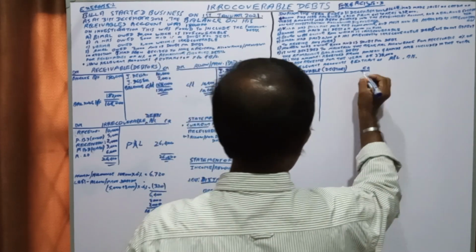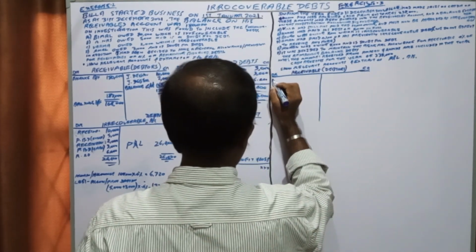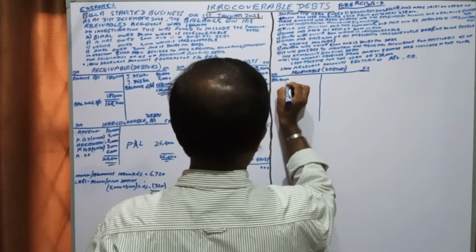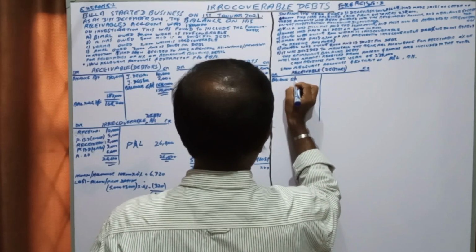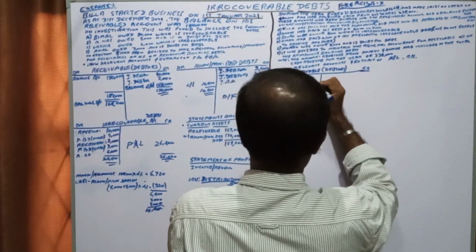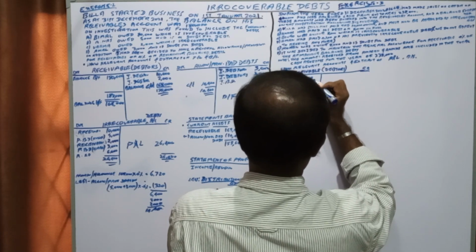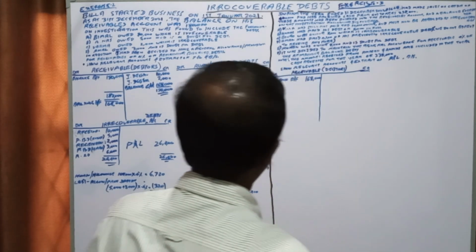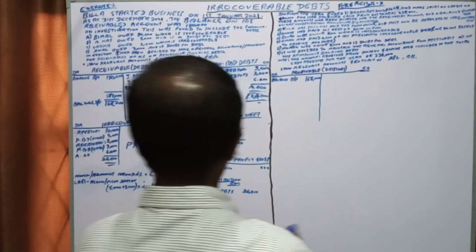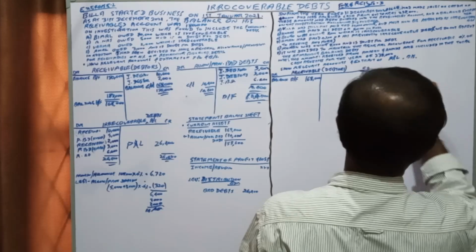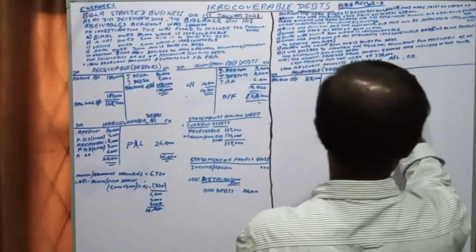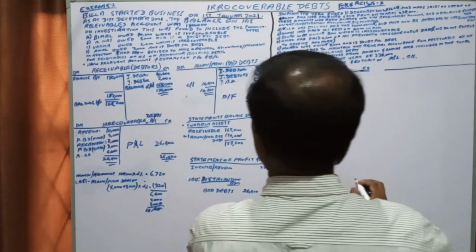Balance brought forward, 168,000, right? And here the allowance for provision for bad debts. Open the other account.